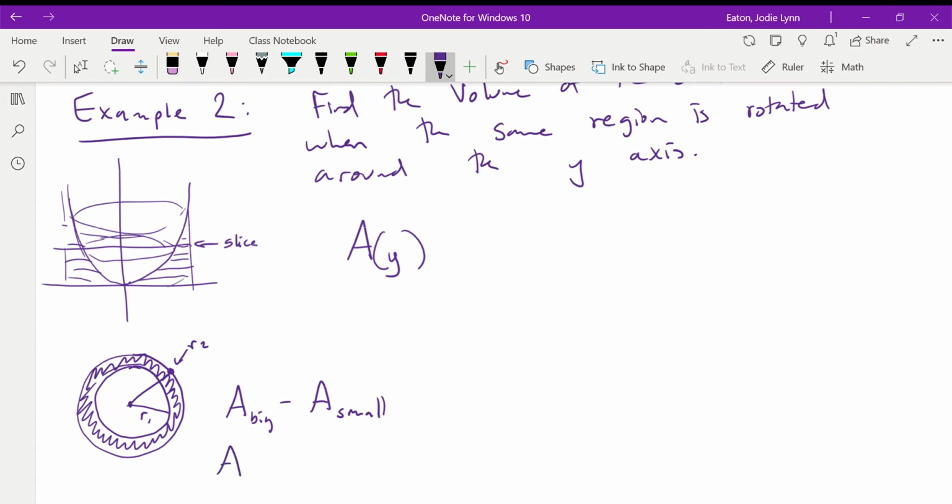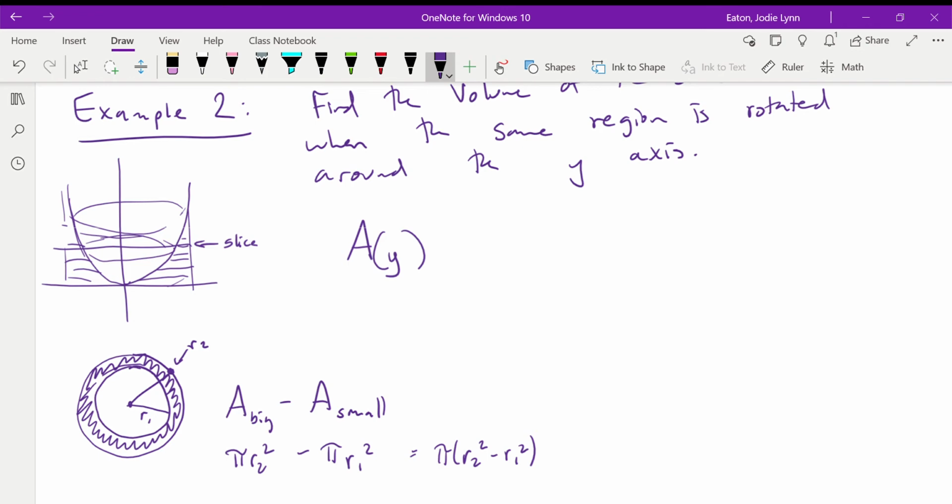So it's pi times R2 squared, that's our bigger, minus pi times R1 squared. We can factor that to give us pi times R2 squared minus R1 squared. Notice we're not squaring the whole thing, we're subtracting the squares, because we need to calculate the areas before we subtract. We're not just subtracting the radii, that will give you a different answer.